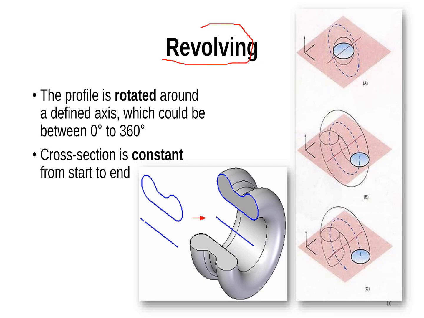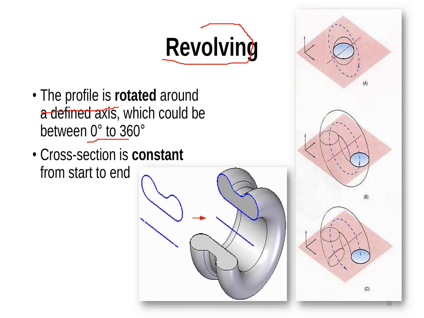And here we have revolving. So kita ada revolving. In revolving, we can see that the profile is rotated around a defined axis, typically between 0 to 360 degrees. And this will generate an object with radial symmetry, such as a bottle, a ball, a wheel, and many more.